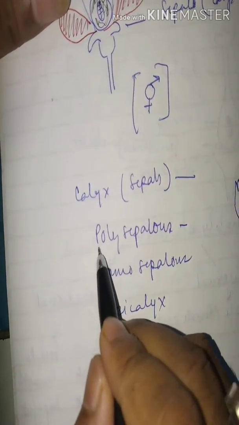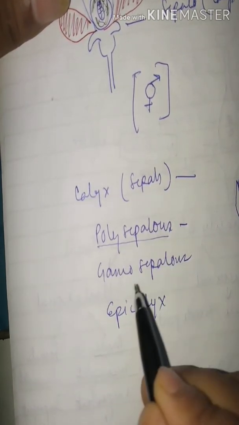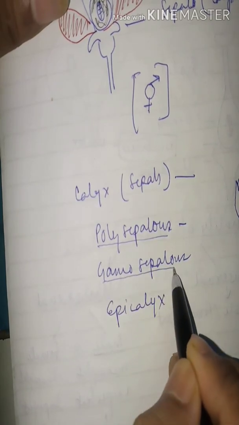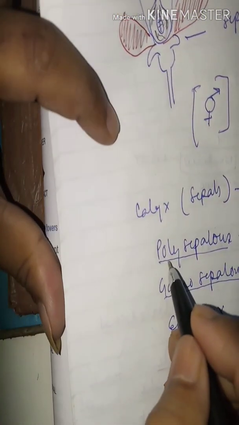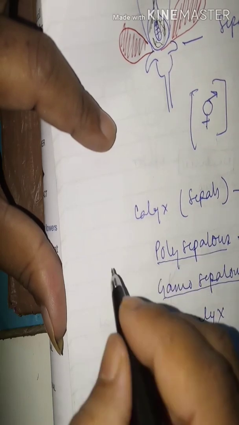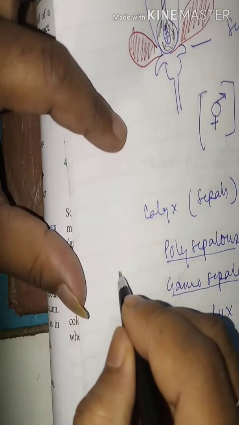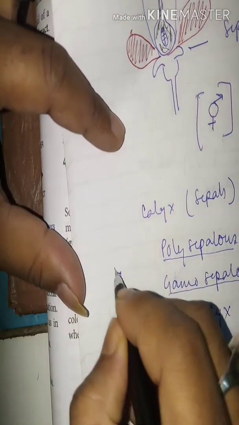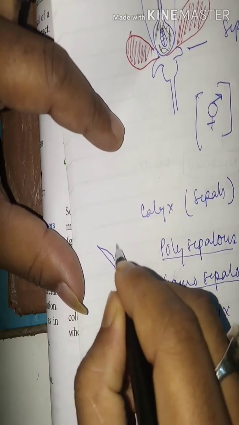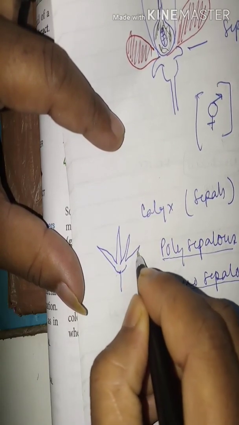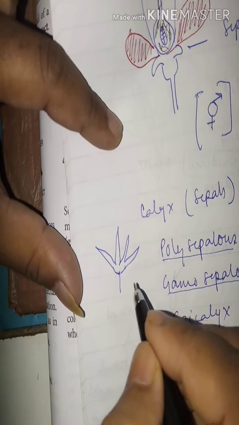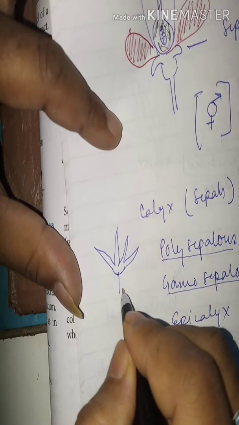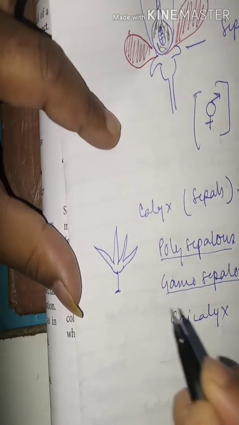Sepals are either polysepalous or gamosepalous. Poly means many sepals, but the sepals are free on the thalamus. If there are free sepals, such sepals are known as polysepalous.